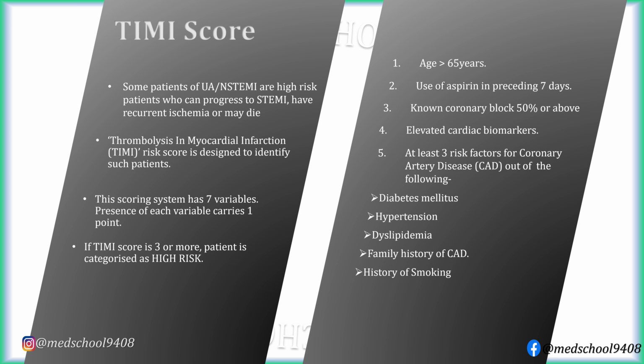Next variable is presence of 2 or more anginal events in last 24 hours and presence of ST deviation on ECG. If patient is categorized as high risk, patient should be treated in intensive care unit and subjected to percutaneous coronary intervention as early as possible.